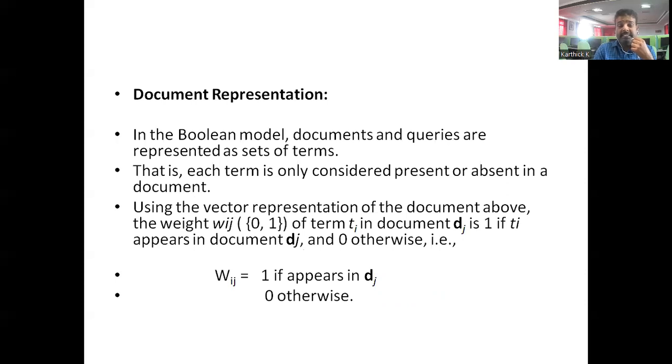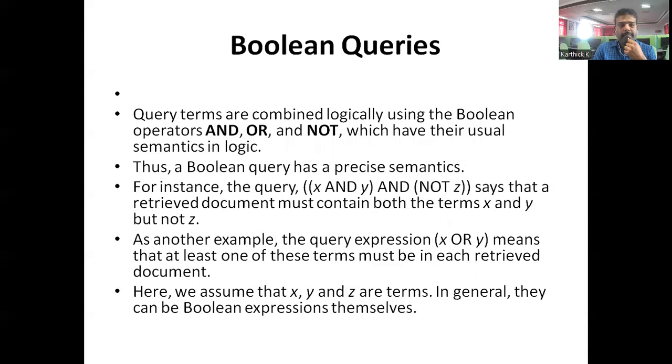That is, weight w_ij is 1 if the term appears in the document d_j, and 0 otherwise. So if the particular term is not present, you will get 0. In this way only the document is represented in the databases.